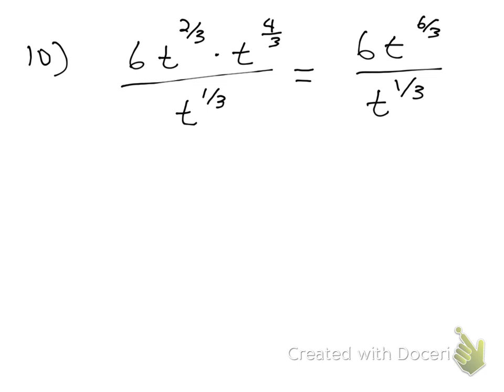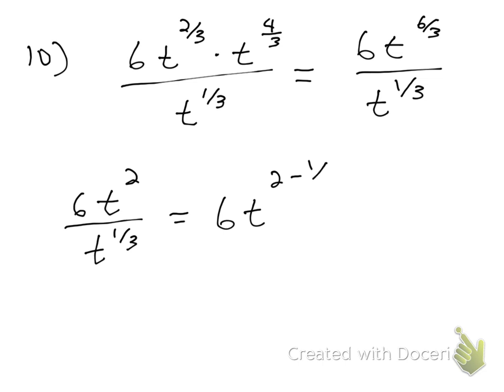And what is 6/3? 2. So 6t squared over t to the 1/3. And then when I divide, what do I do to the exponents? So that'll be 2 minus 1/3, which will give me 6t to the 5/3.